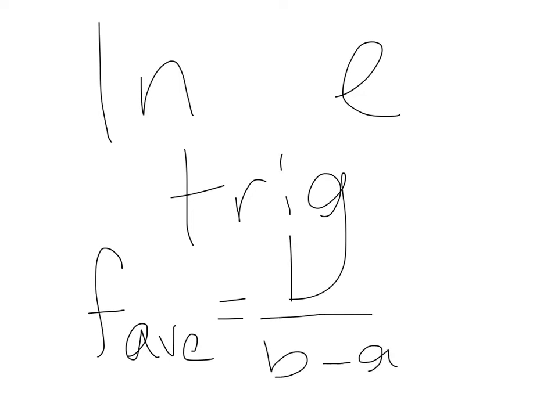You want to know the whole f average equation, which is 1 over b minus a times the area from a to b of f. That's an important equation that you will be using. You will be using it. Then theorems.